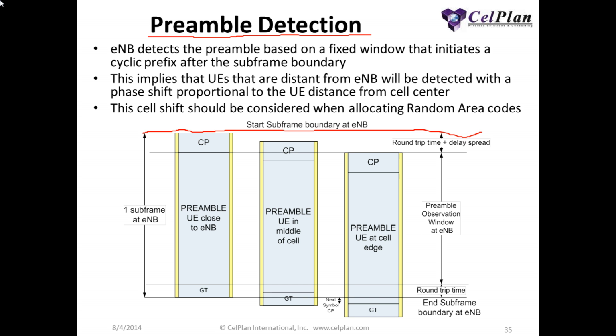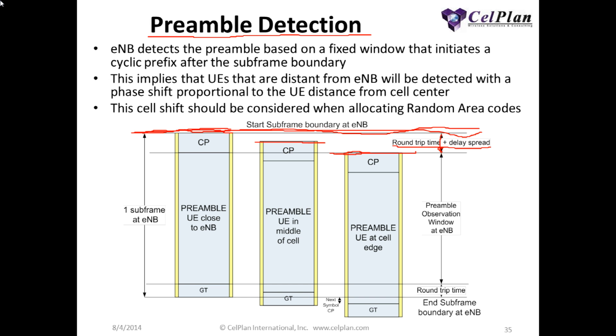This is the subframe boundary, and of course if we have a UE that is collocated with the eNB or very, very close, it will arrive at the right moment. But we have a UE that can be far away, and it will arrive after the round trip time plus delay spread. So it will arrive at this moment, and we have then several UEs in the middle.